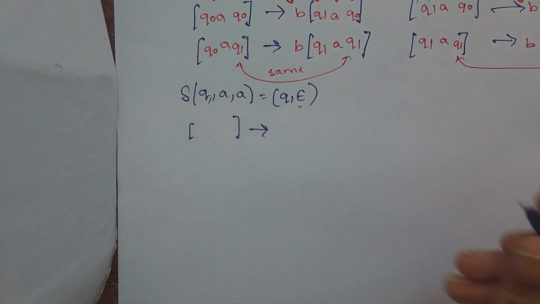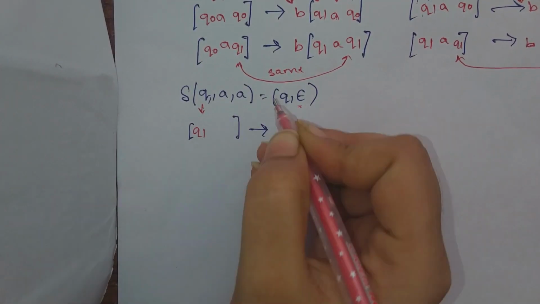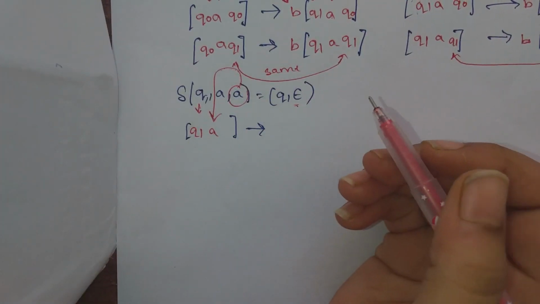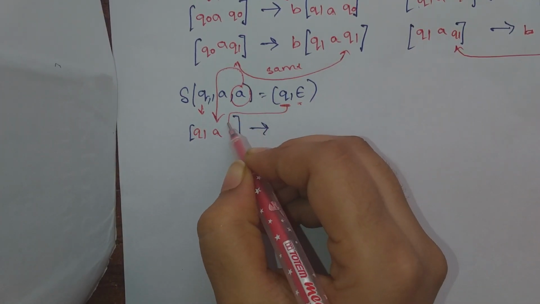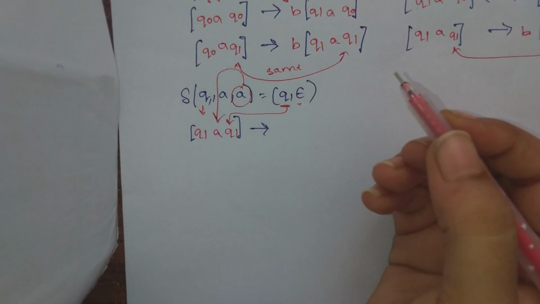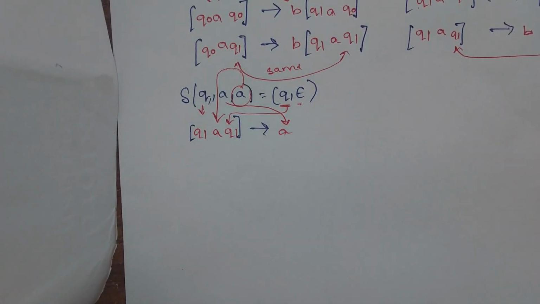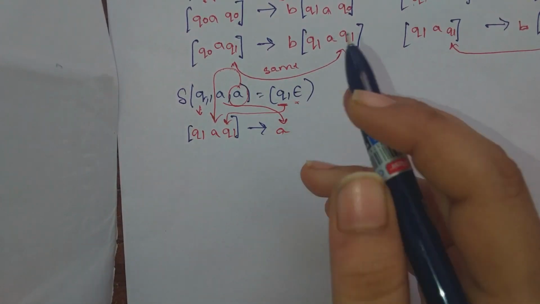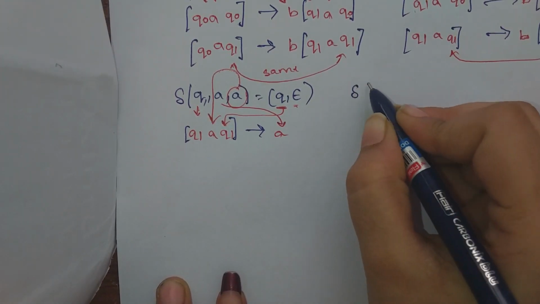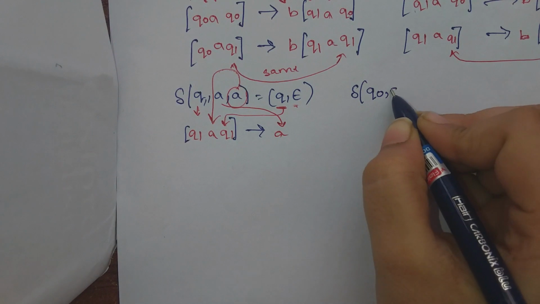So the starting symbol comes as this and the end symbol comes here. For the third one, we should consider Q1 and this middle A comes here. So that's it for the epsilon. For the epsilon, we have only one state.